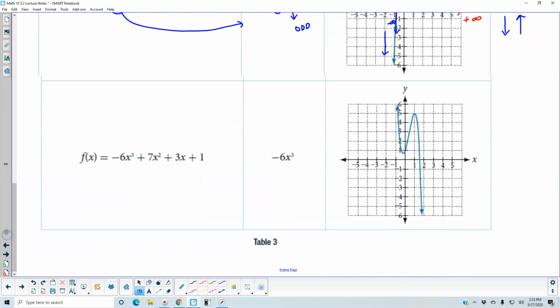Okay, last one. We can see that the leading term is negative 6x cubed. So let's go ahead and analyze that. We know that the leading coefficient is negative. So negative 6 is less than 0. And we know that the degree is going to be odd. So in this scenario, it's going to rise on the left and then fall on the right.